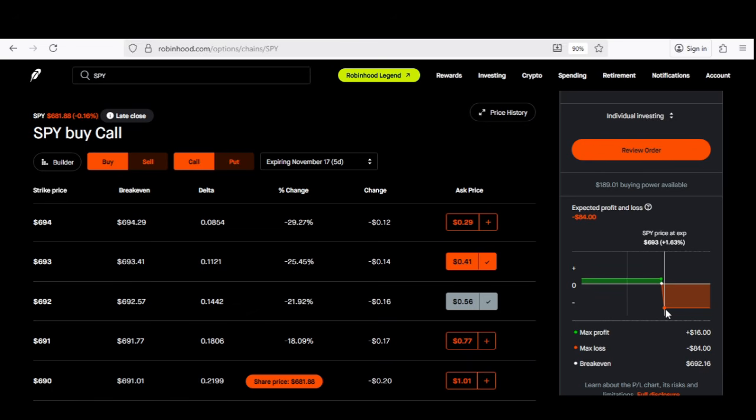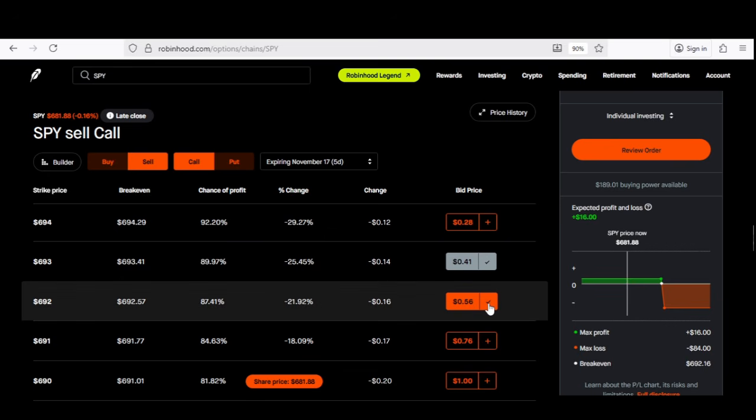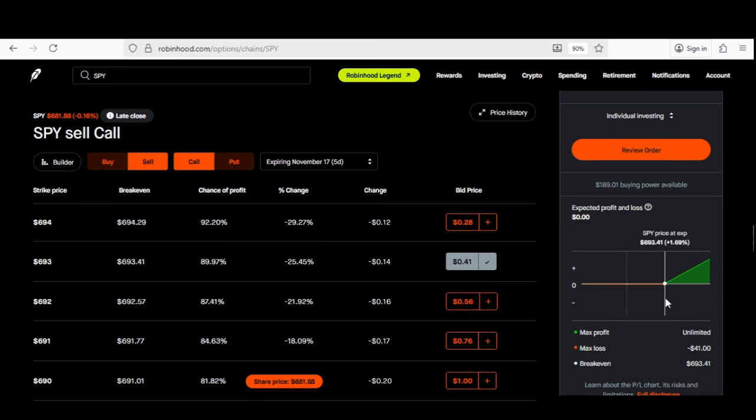Now, I want to show you guys one more thing. Let's go ahead. We're going to go to sell right here, and we're going to remove this. So now this one is not a defined risk because as you can see, once I move the line right here, let's focus again on the expected profit and loss. As I move here, you can see that it is going up.